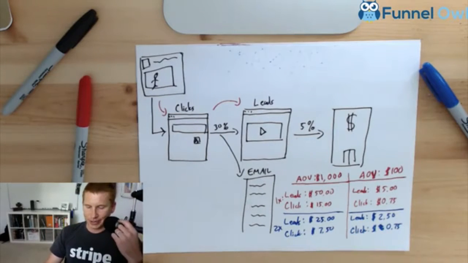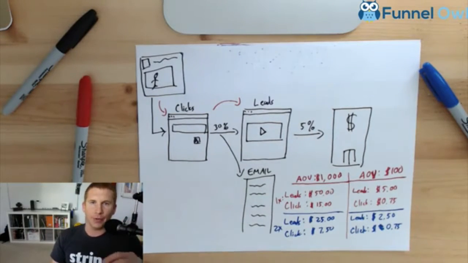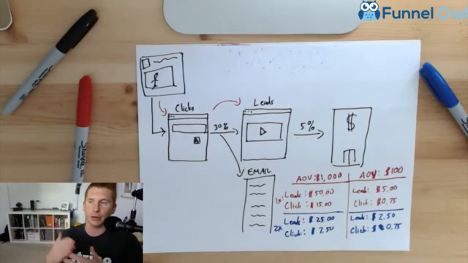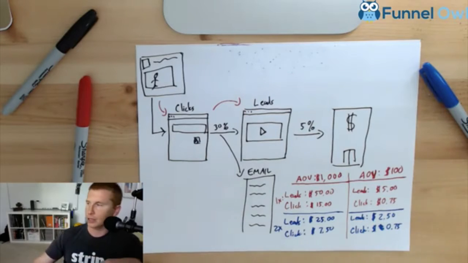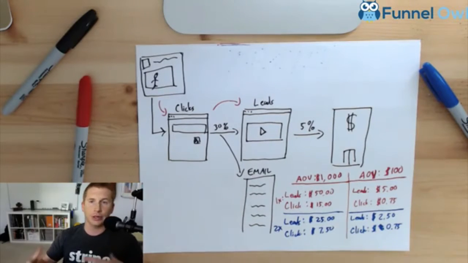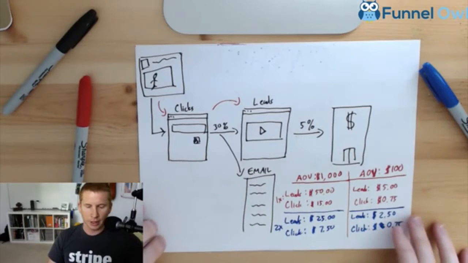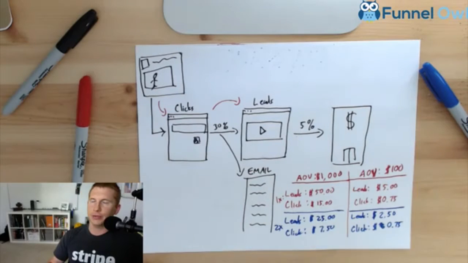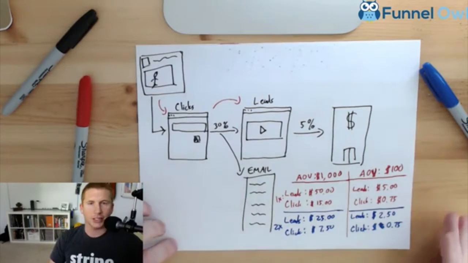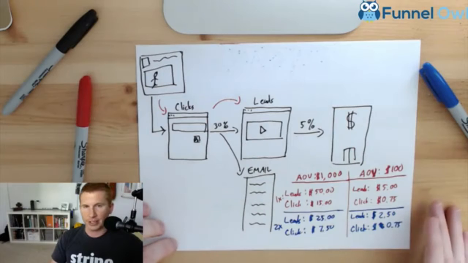But I just want to really drive home how important average order value is in your ad campaigns and why it's important before you start those to know those, and why it's also important to have strategies to increase those. The other thing that we're not really going to dive into this week, but I want to dive into in a future one that makes a huge difference in paid traffic is the velocity of the money, the velocity of the transaction in these things.